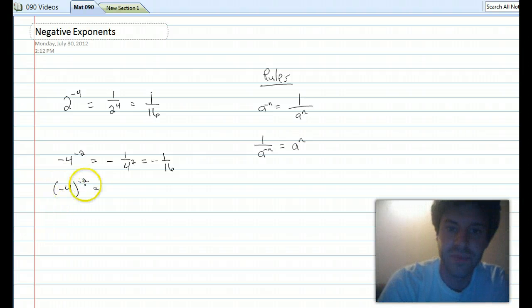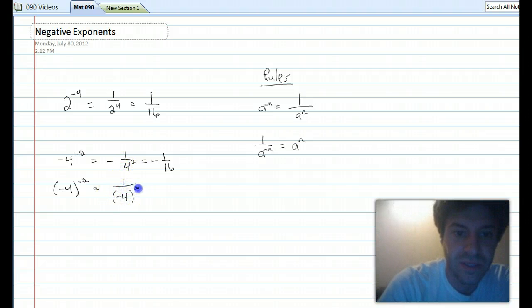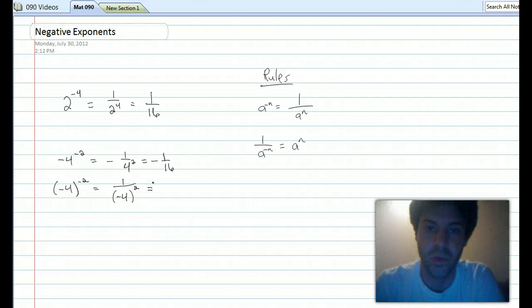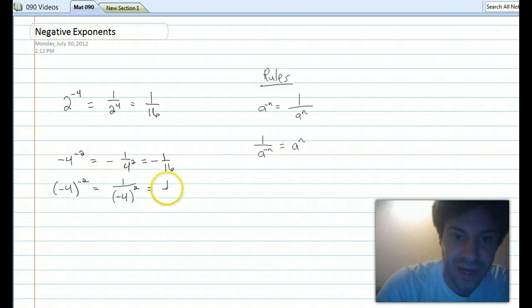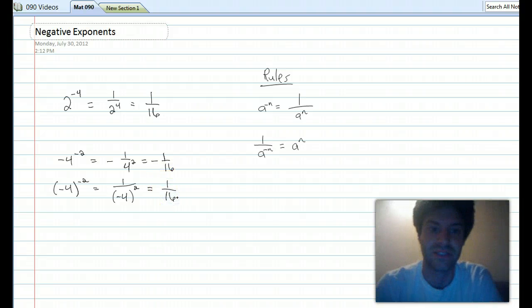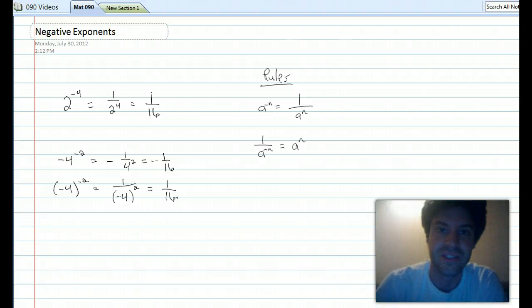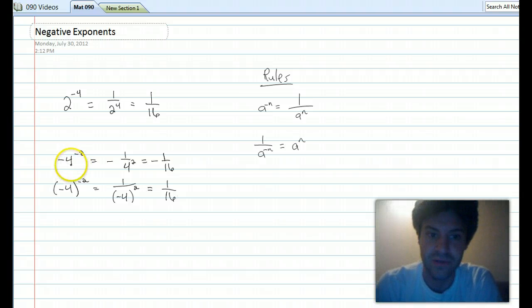So if we worked out this bottom line, it would look like this. You'd actually take the entire negative 4 in parentheses, and that would be squared in the denominator. Now anytime you square a negative number, as you know, you get a positive number. So this answer turns out to be positive 1 over 16. So keep in mind that there's a distinction between this first line and this second line.